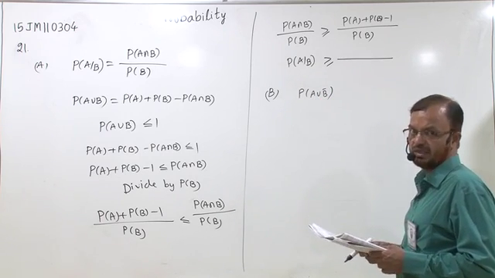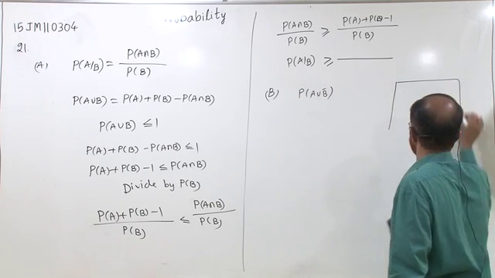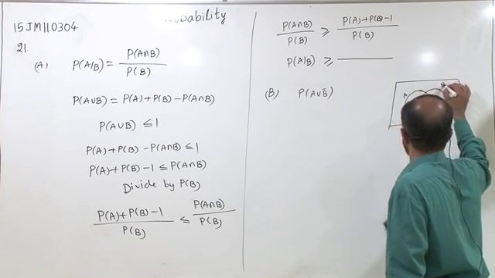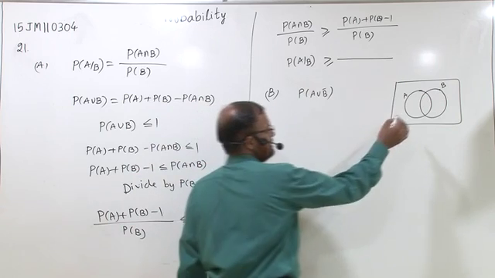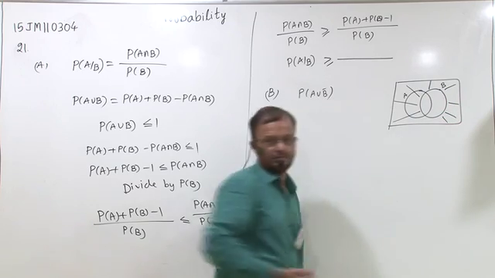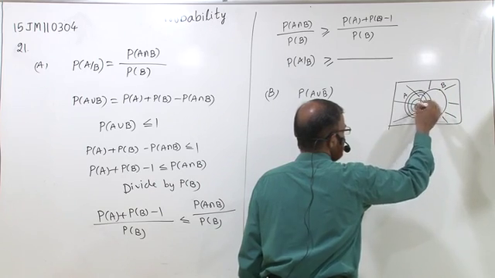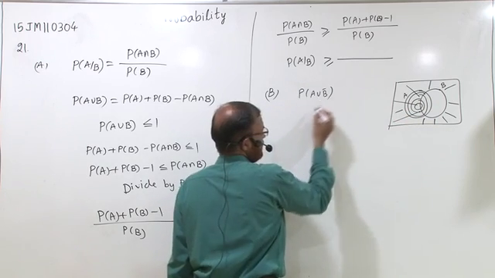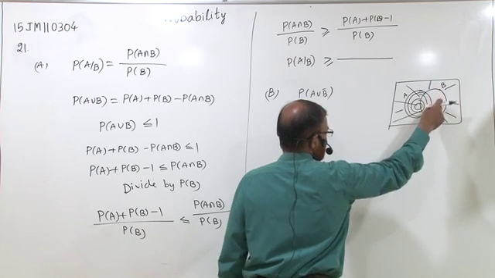I want A but not B. According to this sample space, this is A here and here it is B. If I want to write A union B bar, it means here it is outside this region, and A is this region. So if I take the union of these two, then probability of A union B bar can be written as this only, except this one.